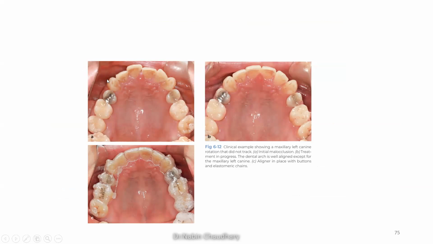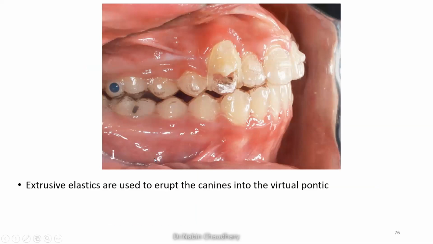For example, in this case, the canine was not properly derotated, so an elastic force was applied. The elastic force is applied during the Invisalign treatment for the correction of the rotation. And also, in case of a highly pressed canine, we can apply the elastic force from the buccal and the lingual aspect.